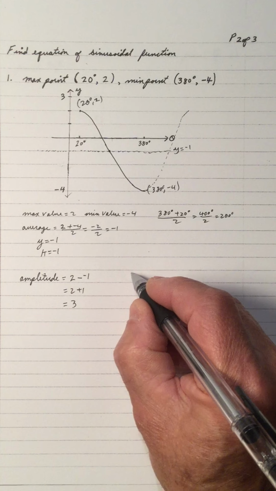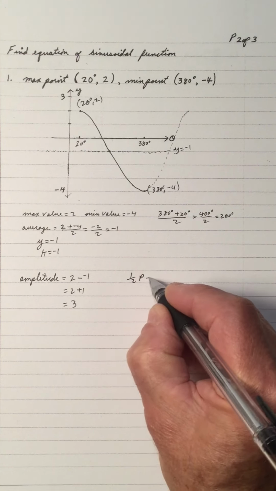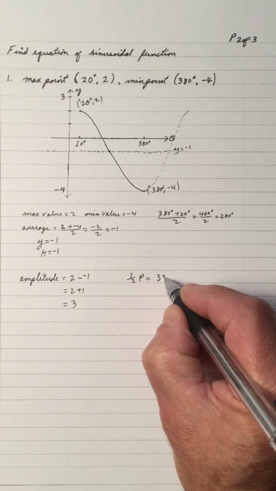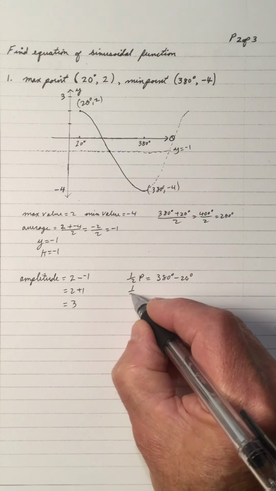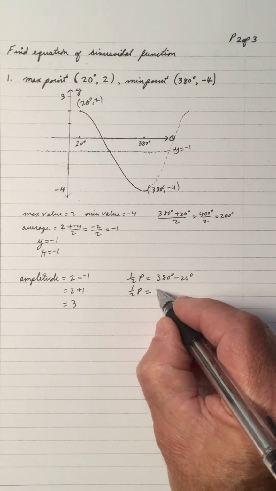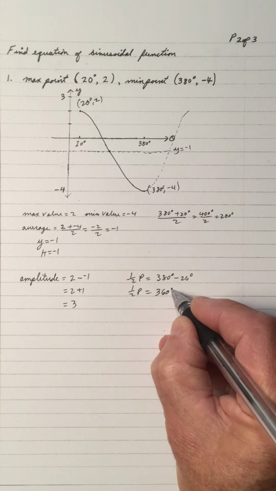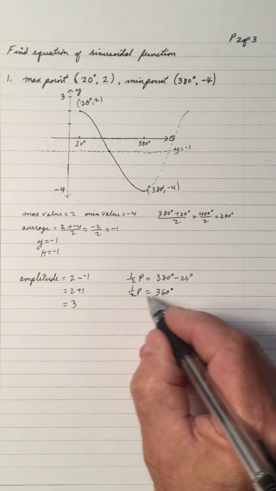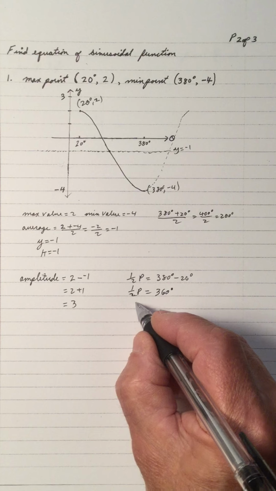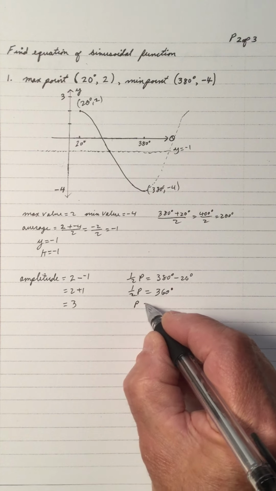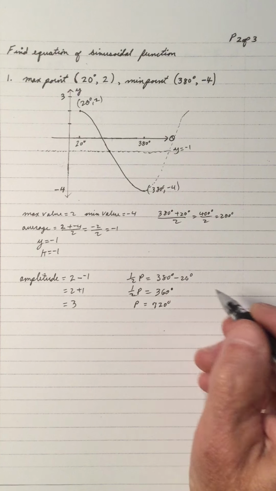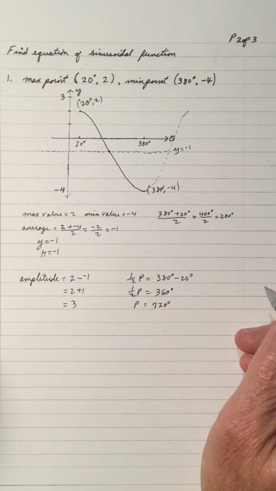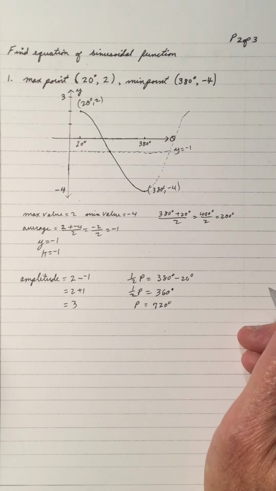That means half the period is 380 minus 20, so half the period is 360. Multiplying by 2 gives me the period, 720.